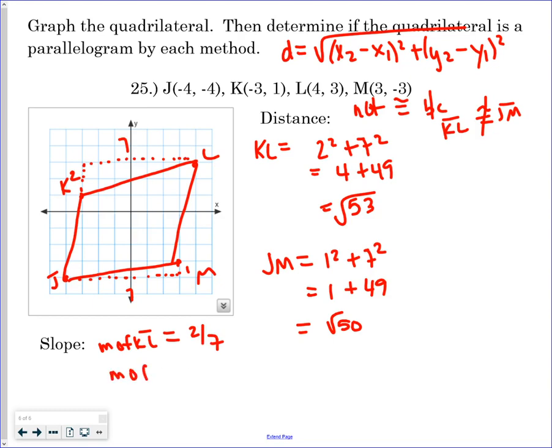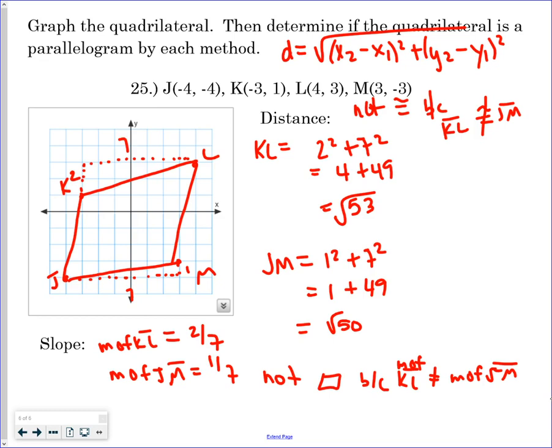And then the slope of JM, if I rise 1 and run 7, I would say not a parallelogram because the slope of KL was not equal to the slope of JM.